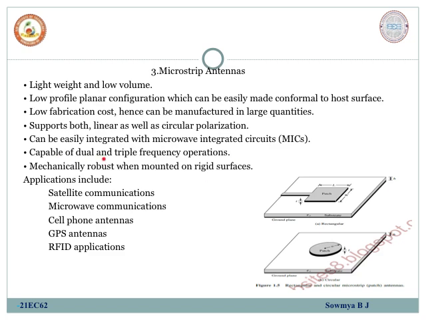They are capable of dual and triple frequency operations, and they are mechanically robust when mounted on rigid surfaces. Coming to the applications, they have applications in the satellite area, they are used in the microwave area for communication, in cell phone antennas, in GPS antennas, as well as in RFID applications. These antennas are being used.